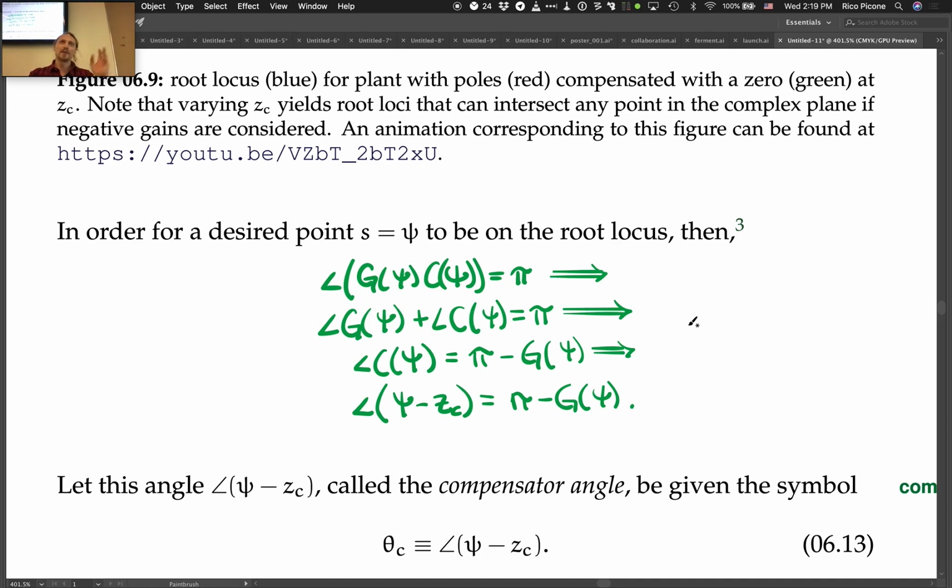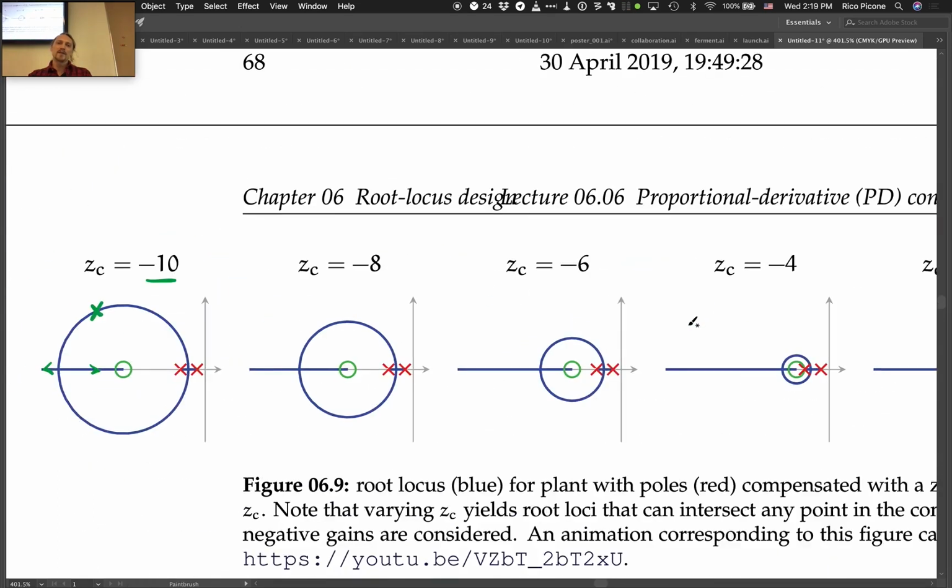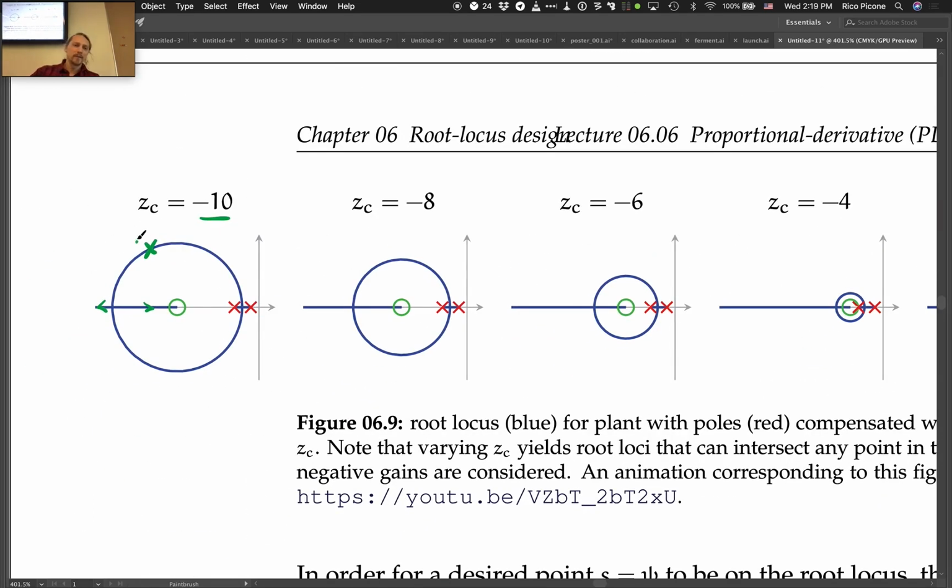We want certain transient response requirements like settling time, overshoot, peak time, etc. So we want psi to be, say, right here. Psi. So we want to know where to put that 0. It contributes to the angle criterion, this angle, right? The angle that goes from ZC to psi. In other words, the angle of psi minus ZC.